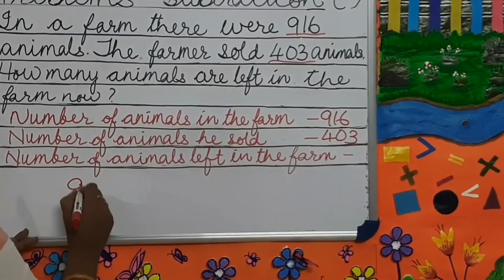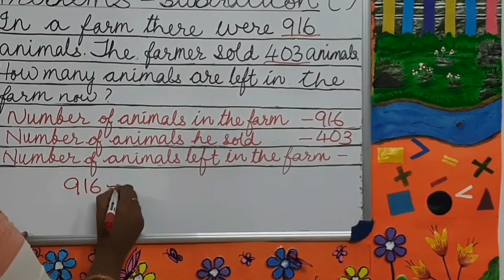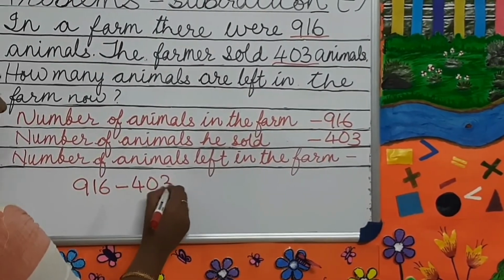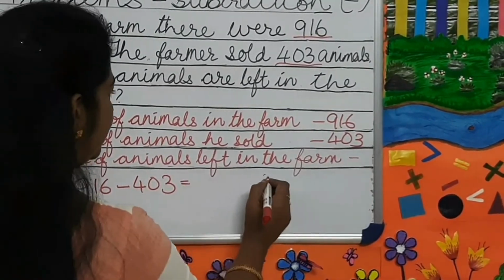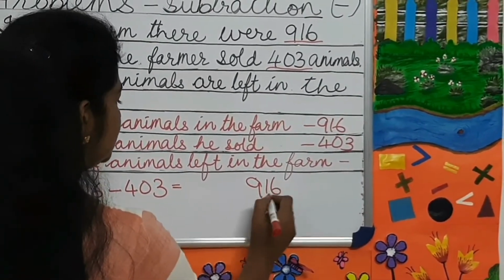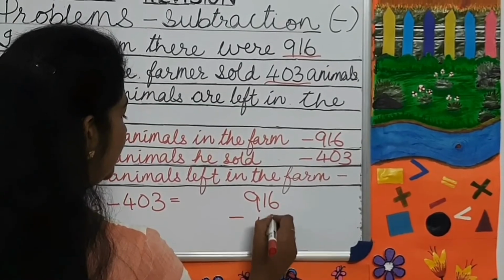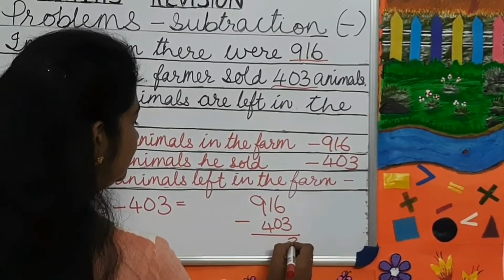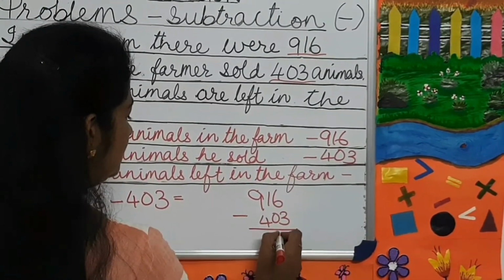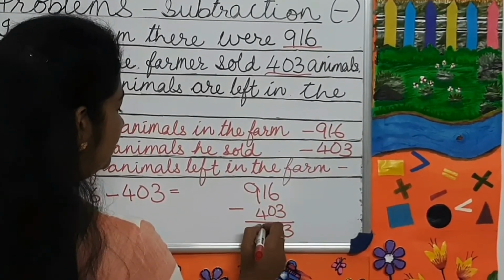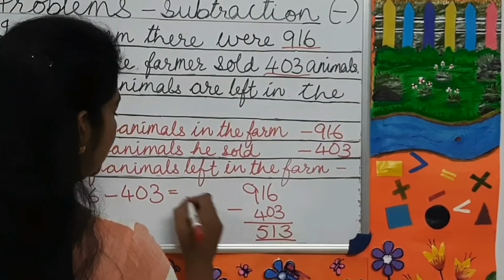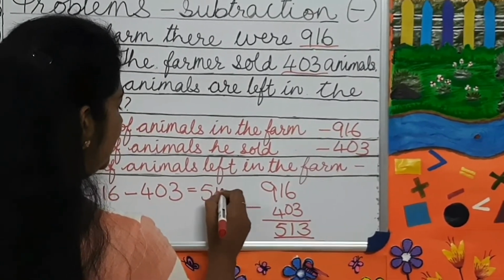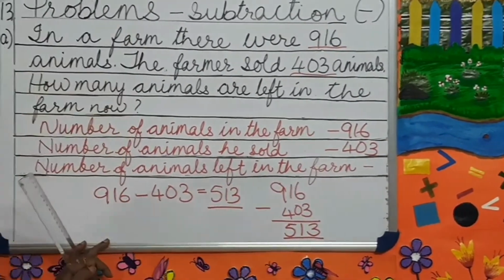That means 916 minus 403. We can work it out. 916 minus 403. 6 minus 3, 3. 1 minus 0, 1. 9 minus 4, 5. So the answer will be 513.